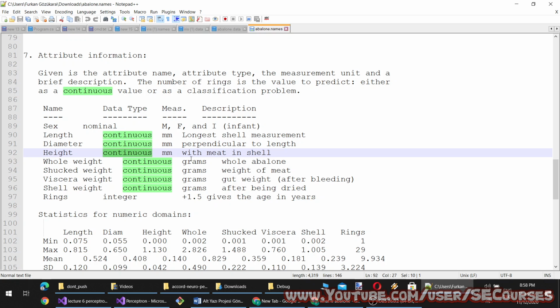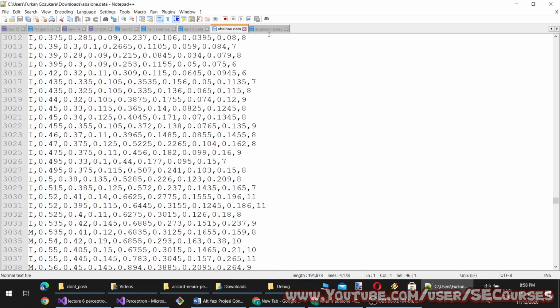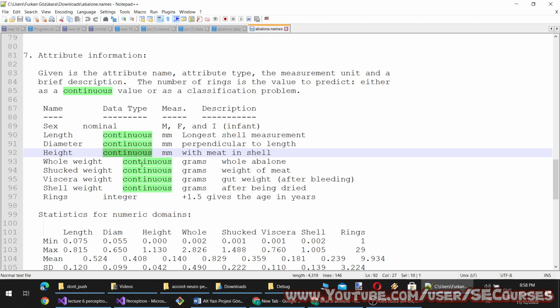However, this should work fine for, for example, KNN or the perceptron algorithm. Height, whole weight in grams, whole abalone, shucked weight, weight of the meat, viscera weight, gut weight after bleeding, shell weight, and rings. So 1, 2, 3, 4, 5, 6, 7, 8, 9.